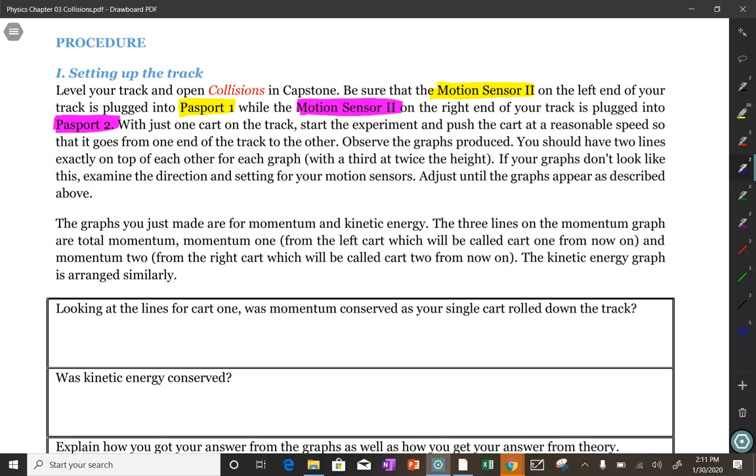So if you look to the left, that should be plugged into number 1. Is it? Is yours? The one on your left. Is that plugged into number 1? No, that one's plugged into number 2. Okay, so you need to switch them.